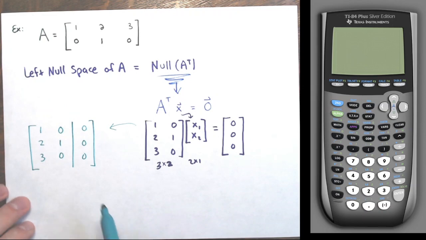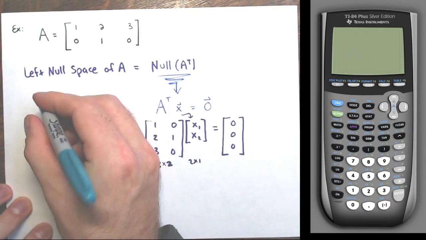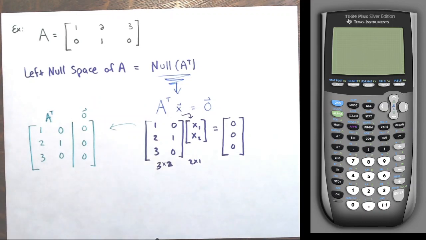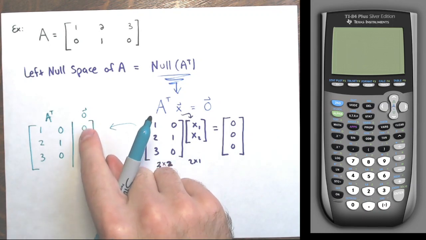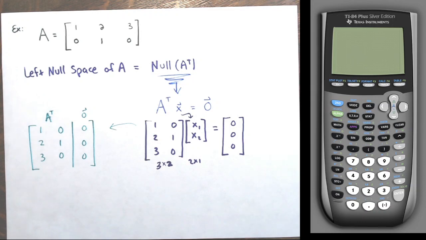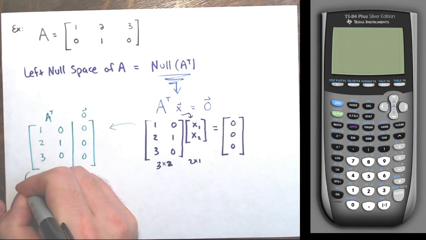Again, it's just simply A transpose on one side, 0 vector on the other. Okay, and then the next example, I'll not write these and just say imagine that the zeros are there. All right, then we put this into reduced echelon form. Again, very simple to do by hand here.